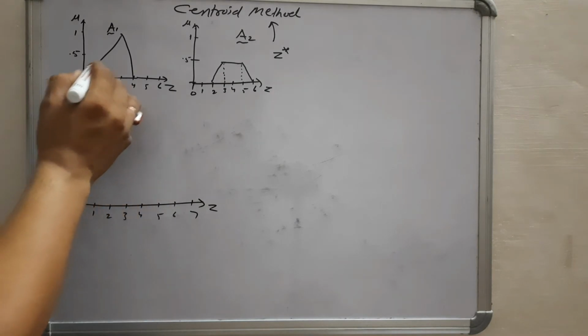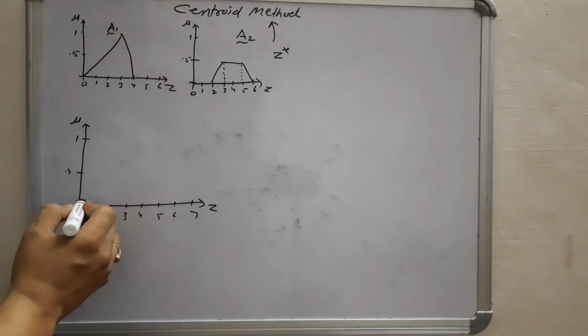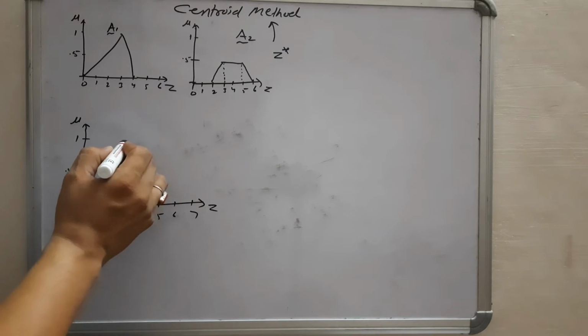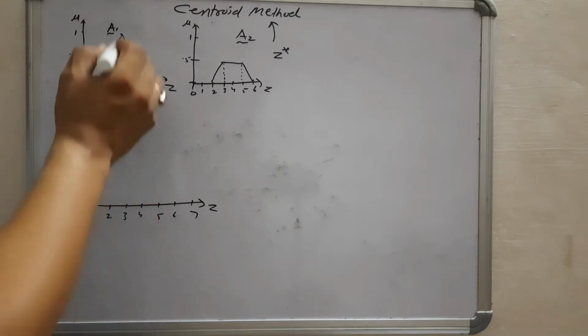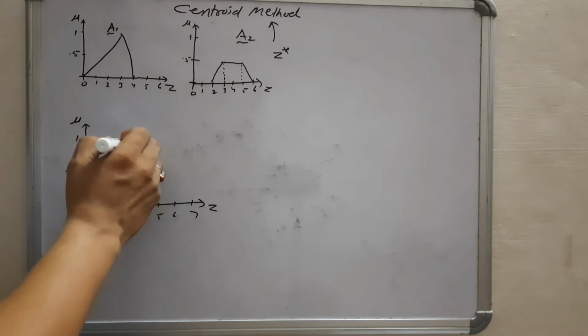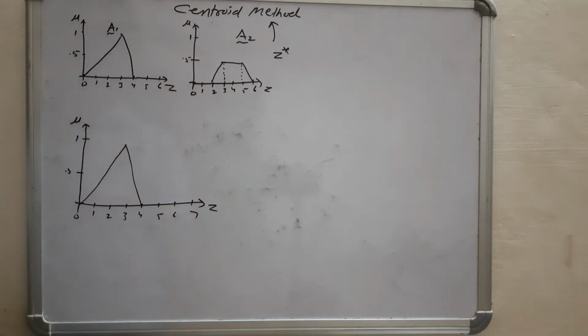From 0 to 3, it is 1, so we can draw like this, and then 3 to 4 like this.